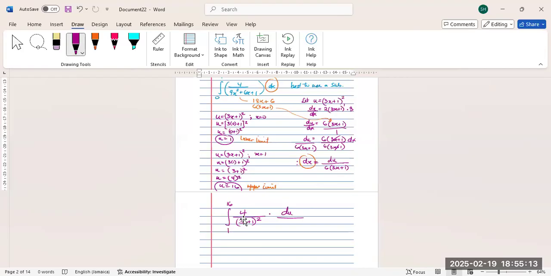So du is 6 times 3x plus 1 dx. I want to make dx the subject, so I divide both sides like that. So dx is going to be du over 6 times 3x plus 1.